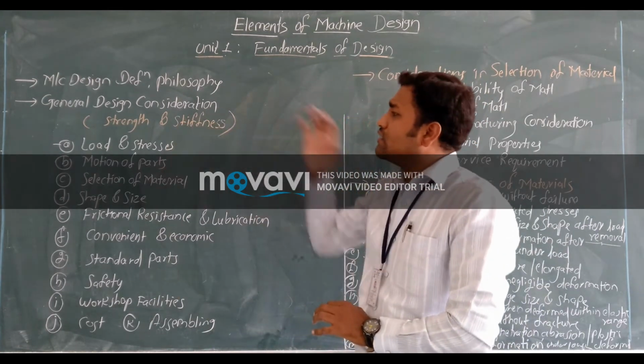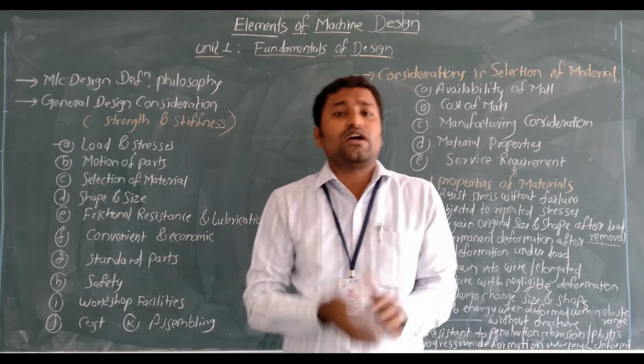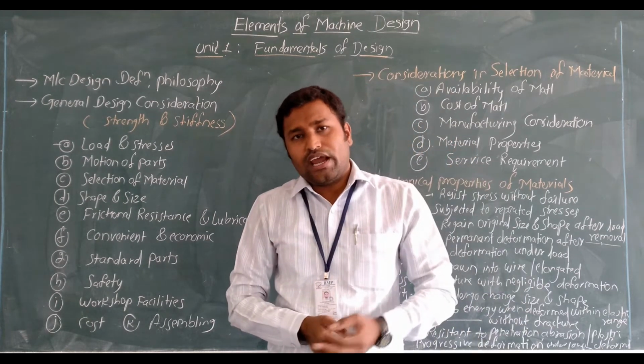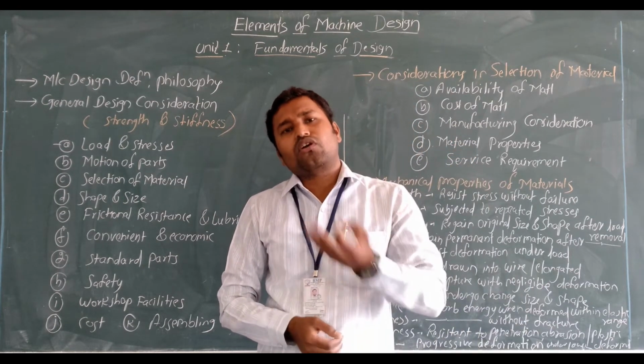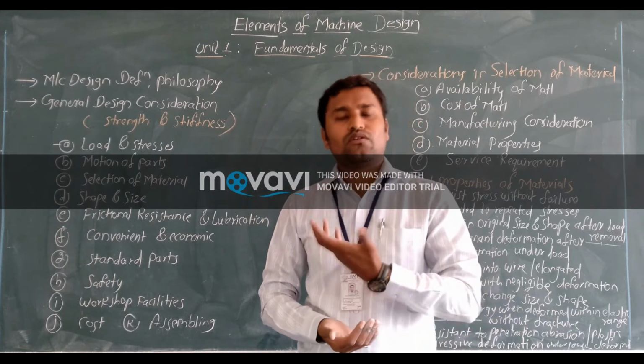You see the number of factors, that is, load and stresses. In load, what are the types of loads? There are a number of loads: fluctuating load, static load, that is, variable load.